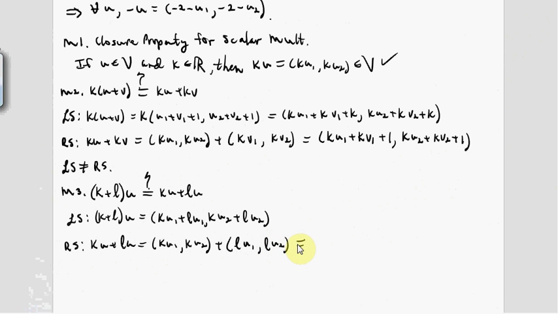Now I add the two vectors. I get k u sub 1 plus L u sub 1 plus 1, comma, k u sub 2 plus L u sub 2 plus 1. So here indeed the left side is not the same as the right side.